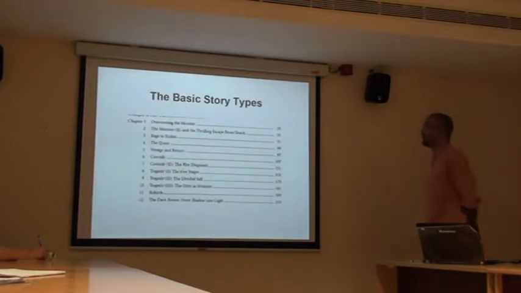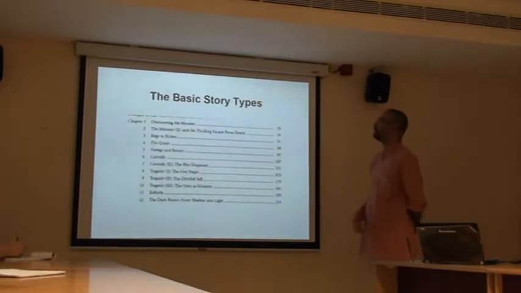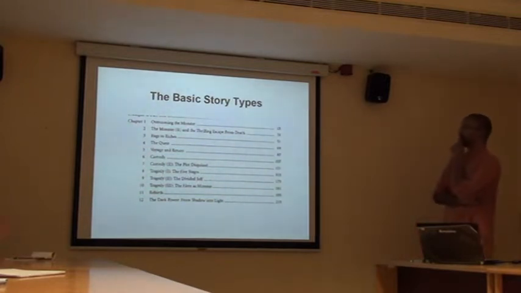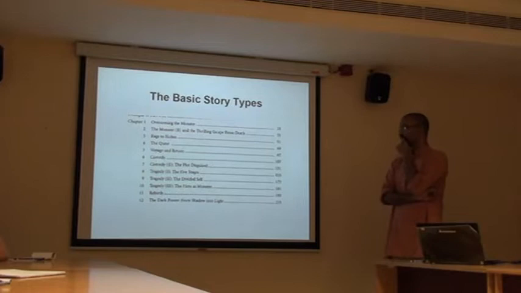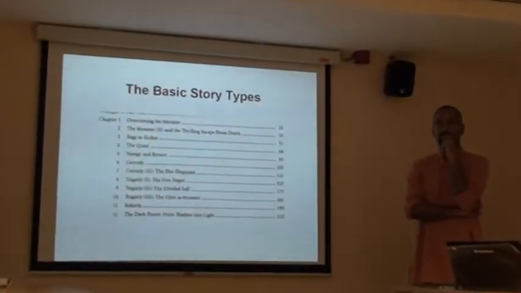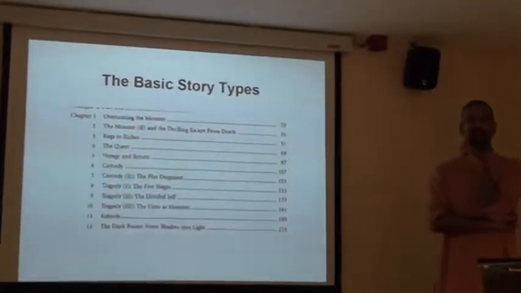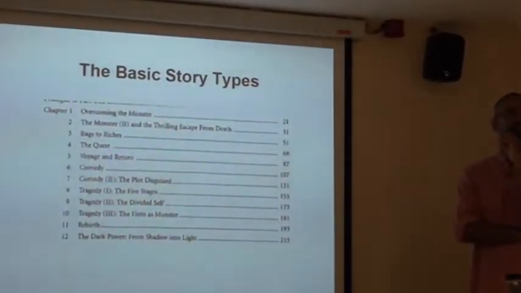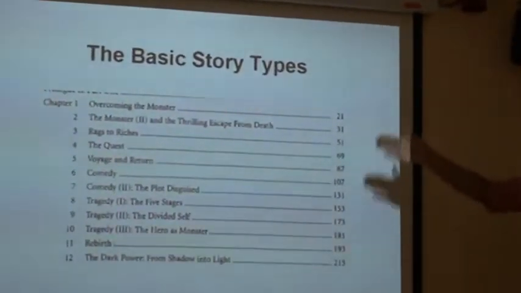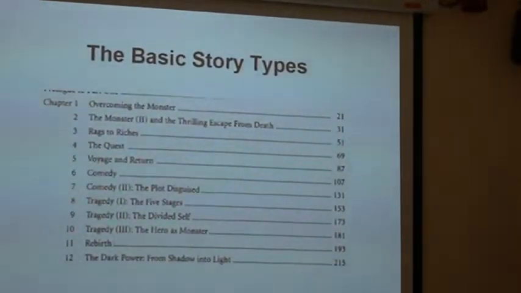Okay. And the basic story types, according to Booker, are these, right? Rags to riches, the quest, voyage and return, comedy. So if you go back to those 3 sentences that I wrote about Ramesh, you can see that they actually fall quite well into the story types here.